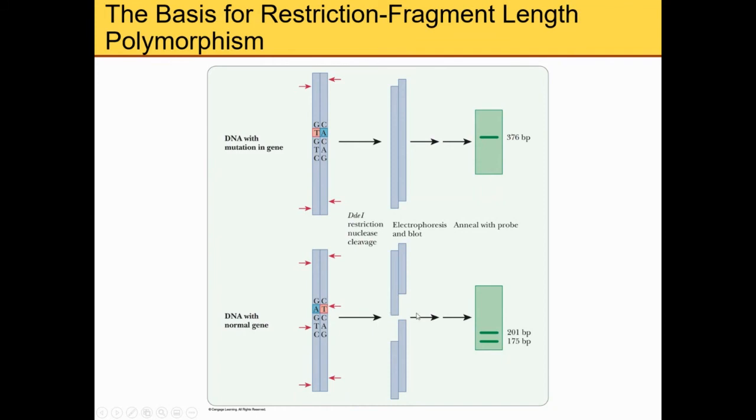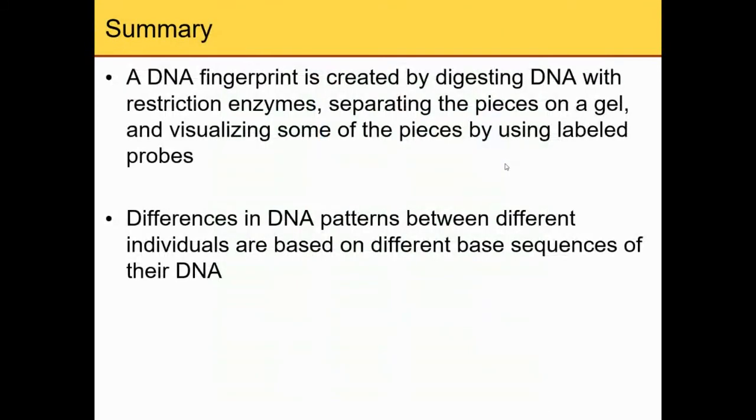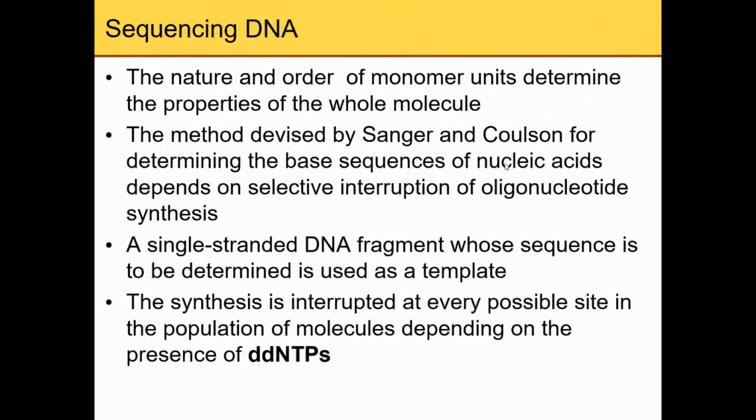All right, and then you run the gel electrophoresis, and then you see 2 bands with these 2 different sizes, and 1 band at the sum of these 2 fragments, and this is called RFLP, so that you can determine the identity. All right. So that's the RFLP.